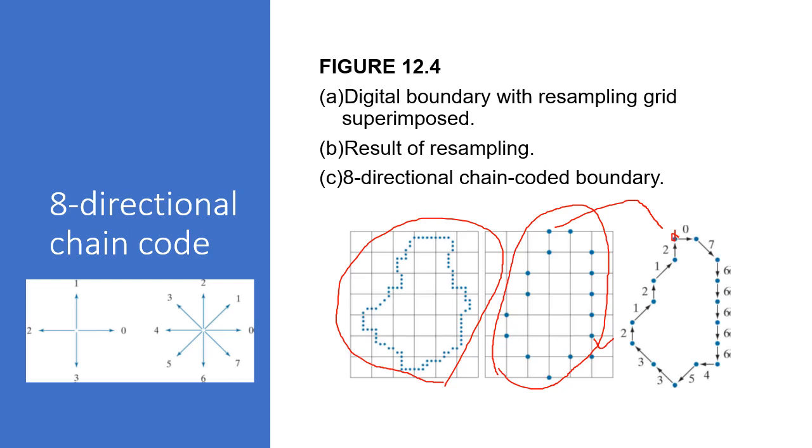So the code would be, the horizontal is 0, and then on the southeast, the direction number is 7, followed by the south direction, which is 6, followed by 4, and so on. So the chain code would be 0, 7, 6, 6, 6, 6, 6, 4, 5, and so on.